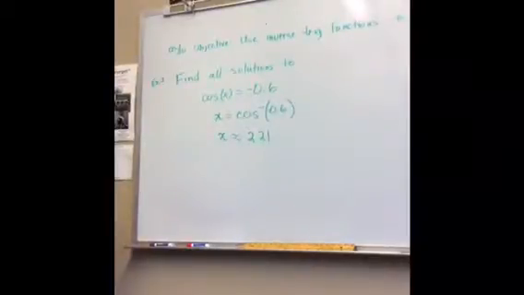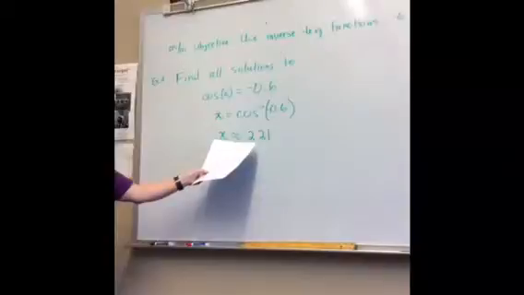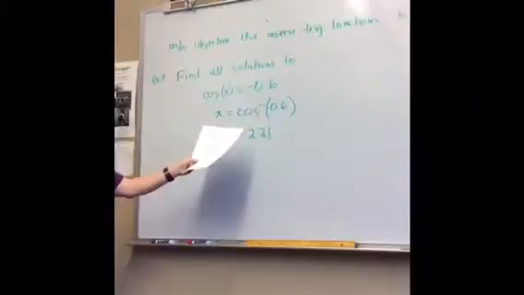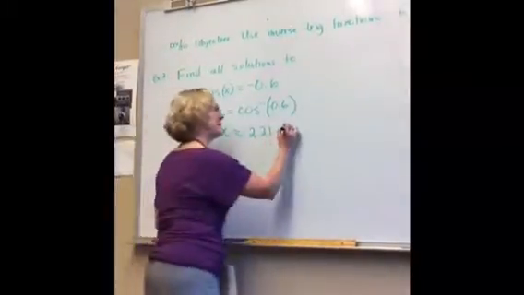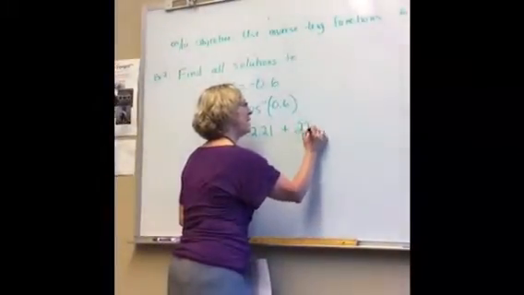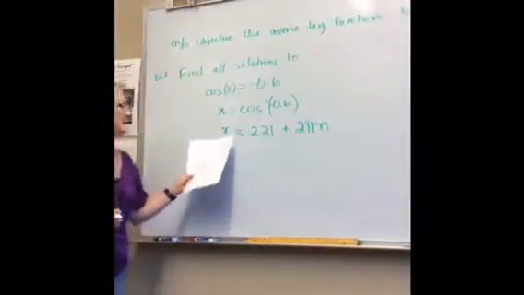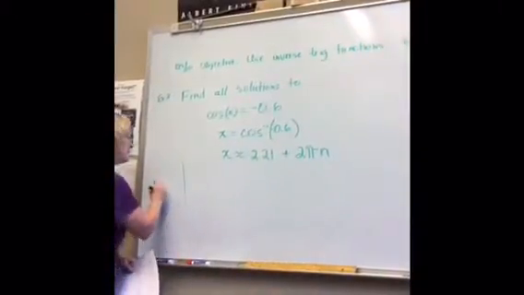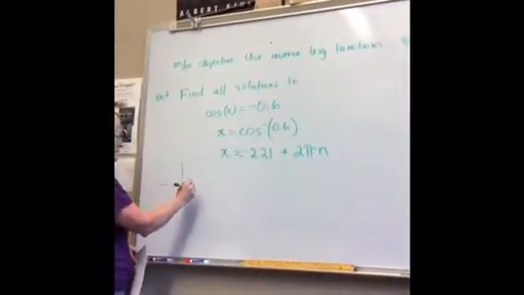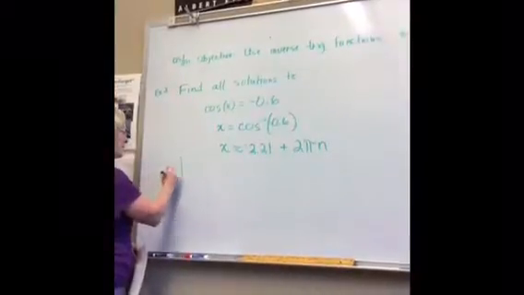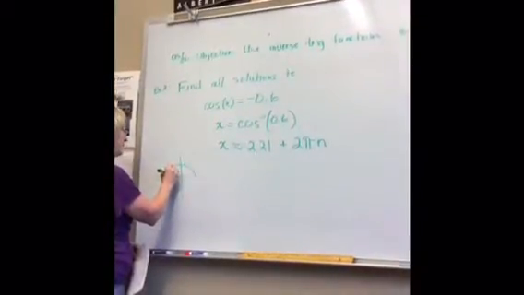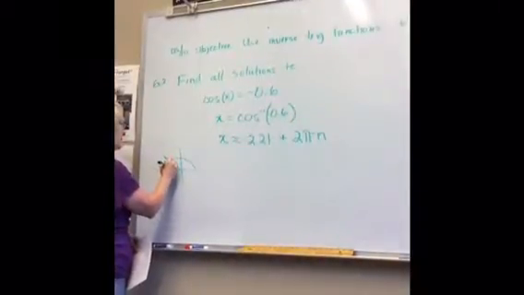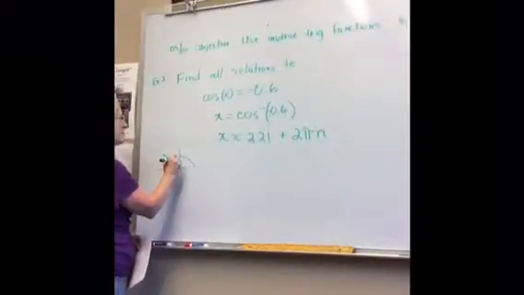Well, what's the period of the cosine function? 2 pi. So we still are going to have plus 2 pi n. It's going to hit this thing an infinite number of times. The one that's on the unit circle, -0.6, is just going to be somewhere over here.